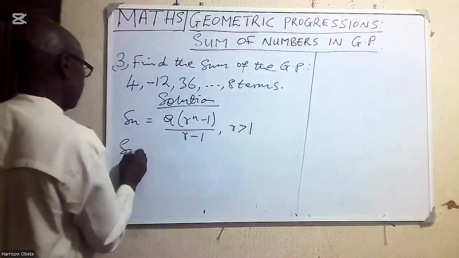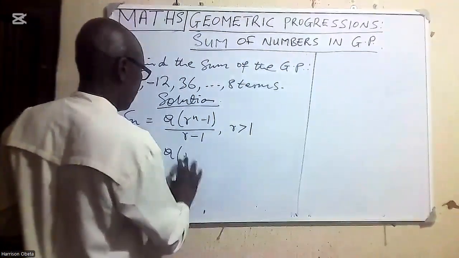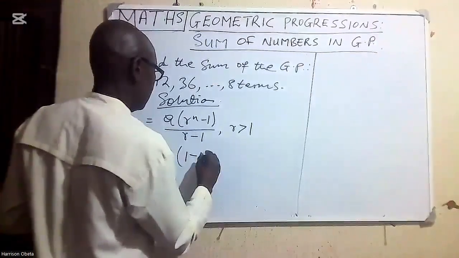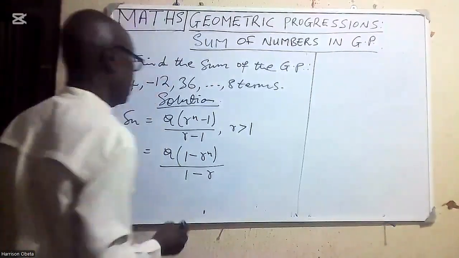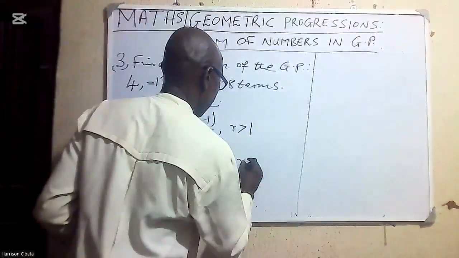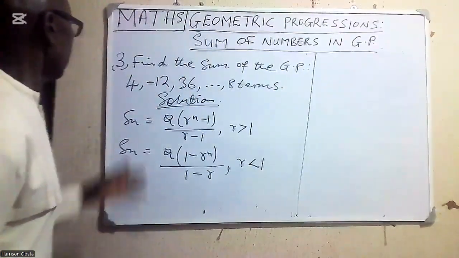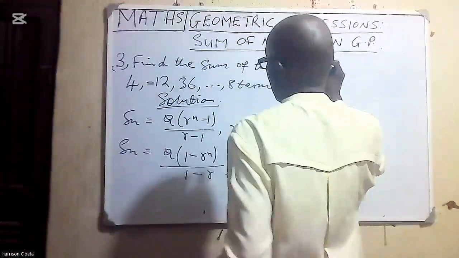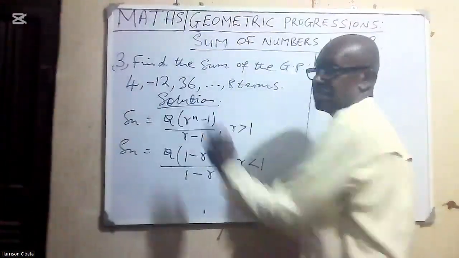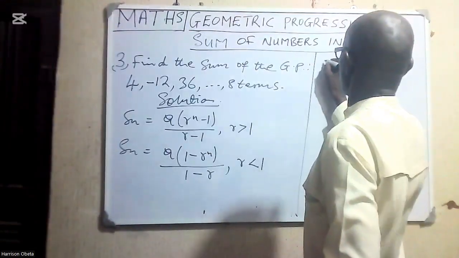And then Sn equal to A brackets 1 minus R raised by n all over 1 minus R. And that is when R is less than 1. So, first of all, let us find the common ratio. And that means if we use the first term to divide the second, to divide the third, let's see how it will go.